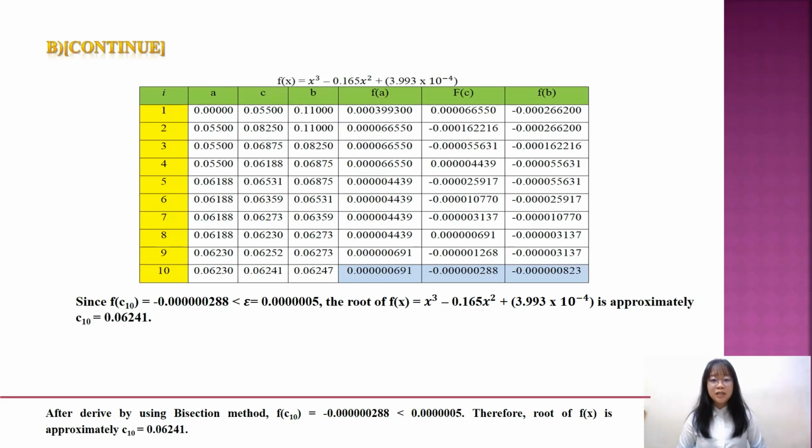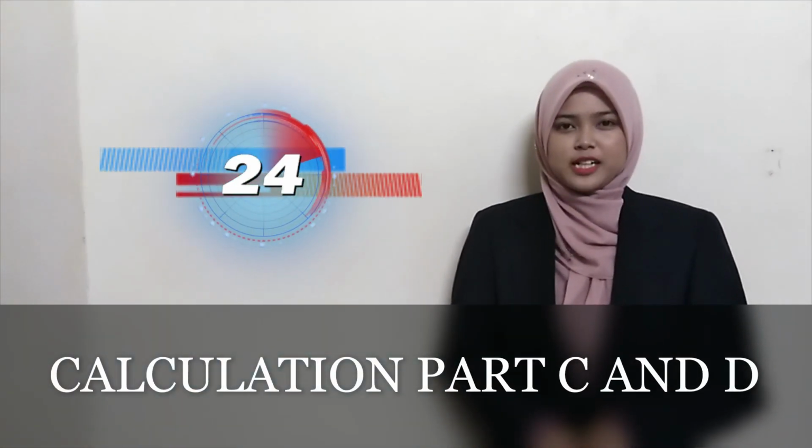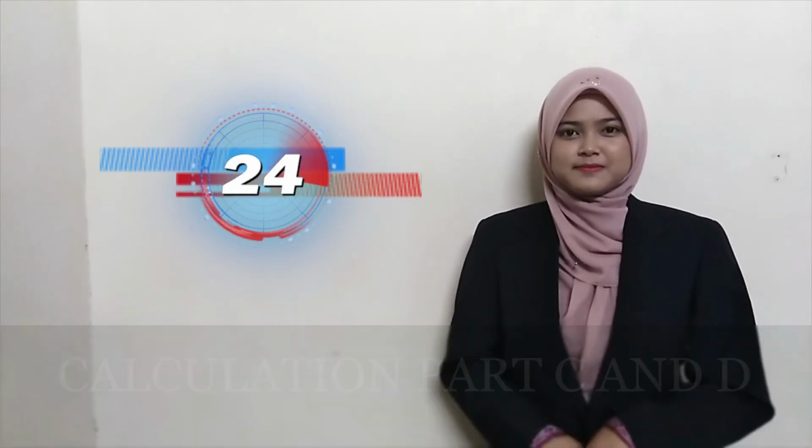After deriving by using the bisection method, we get f(c10) equal to negative 2.88 times 10 to the power of negative 7, which is less than 5 times 10 to the power of negative 7. Therefore, the root of the function is approximately 0.06241. Thank you. Next, we will continue with calculation parts C and D.